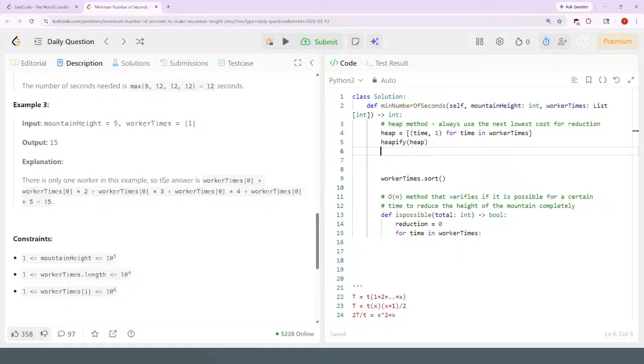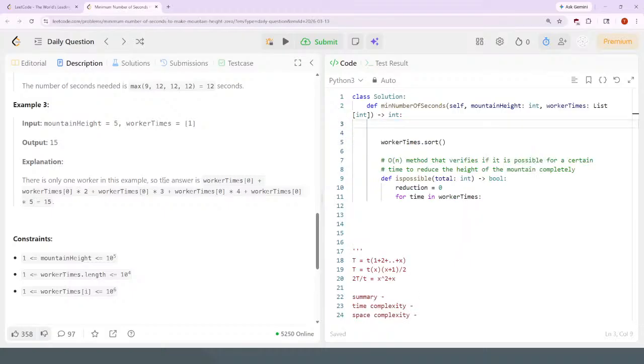Always use the next lowest cost for reduction. Yeah, it's actually not that easy, or not that straightforward.